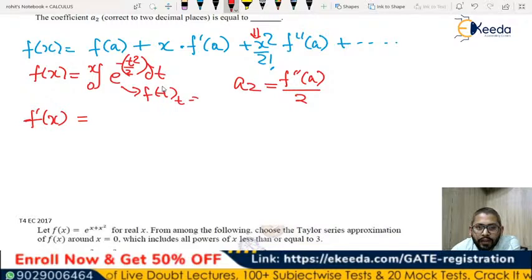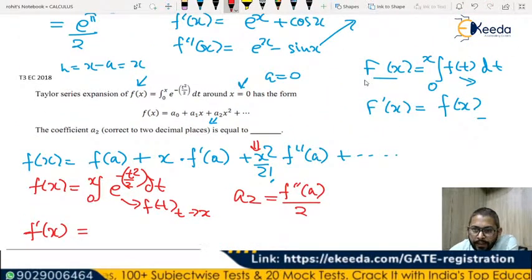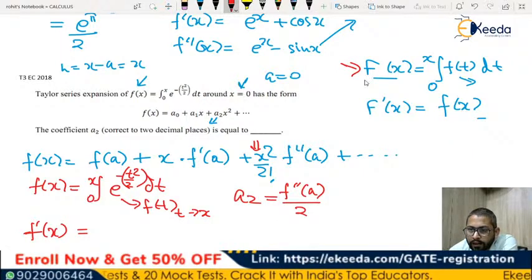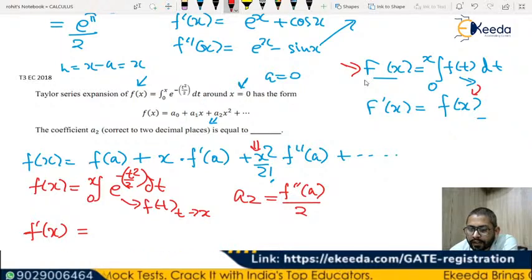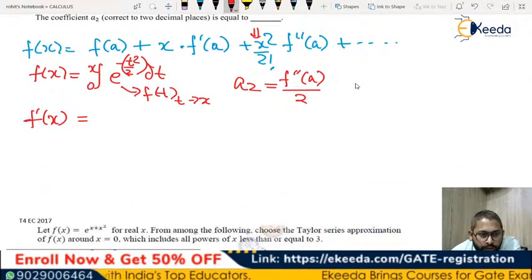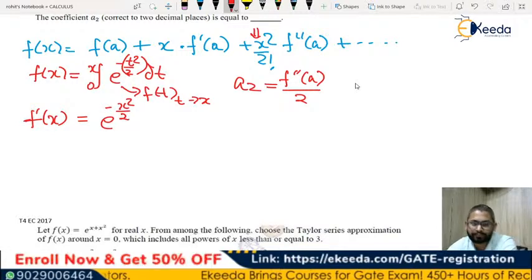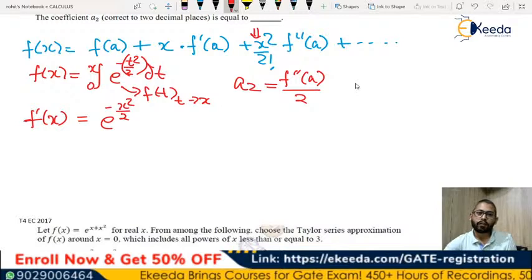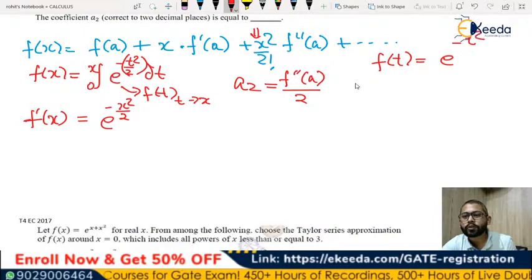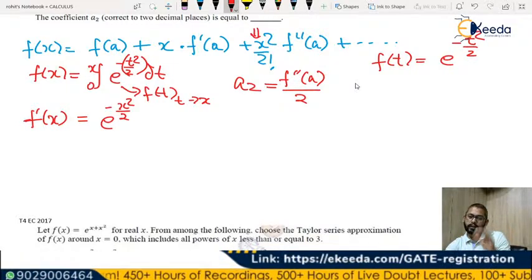Putting t is equal to x. You see this here? I told you, we have explained this. If this is f of t, putting t equal to x directly gives you the first derivative. So in the similar manner, this first derivative is going to be nothing but e to the power of minus x square by 2, right? Because f of t is e to the power of minus t square by 2 in this case, right? We have already understood this.